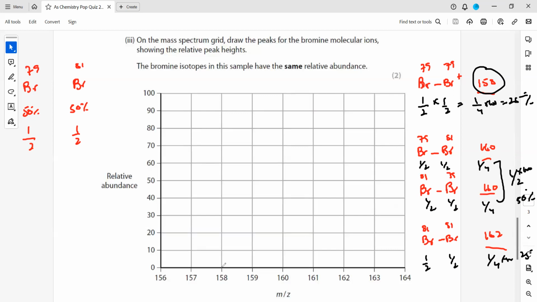So I'll get three peaks. One at 158, another at 160, and the last one at 162. The peak at 158 will be 25%, so when you draw the height, that will be 25%. The peak at 160 is 50%.